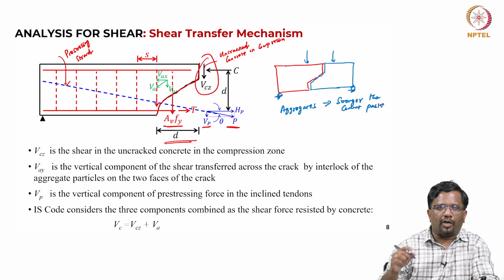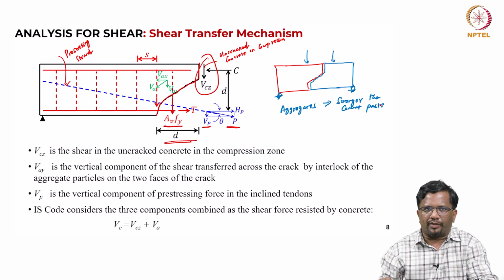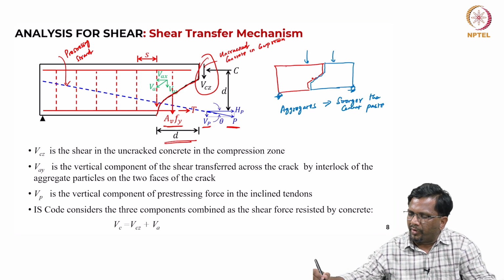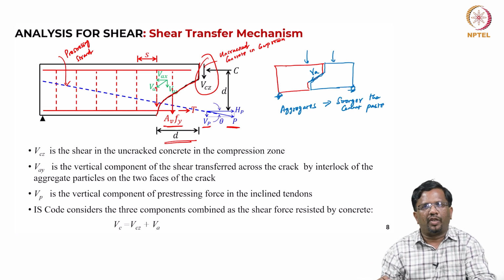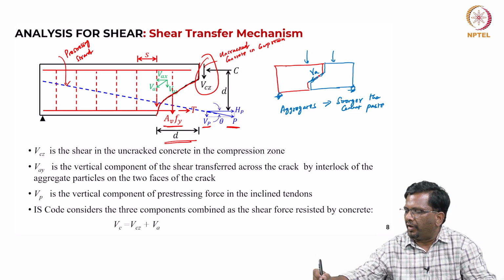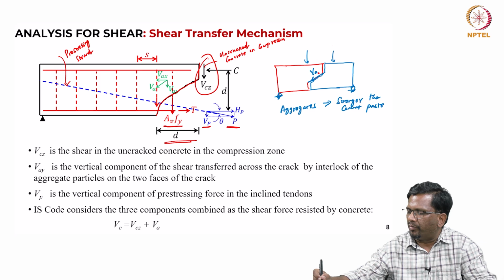Okay. So, what will happen is the crack will go around the aggregate. So, now at the interface, I am going to have something called aggregate interlock, which we call VA here. Now, that VA will have two components. Okay. One is this vertical component, which is VAY, and there is a horizontal component, which is VAX.